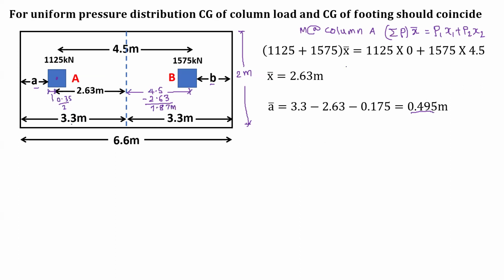And then in the same way we can find B bar. I will write over here B bar equal to 3.3 minus 1.87 and the distance from center to face. So we have 0.2, because 0.4 by 2 is 0.2.